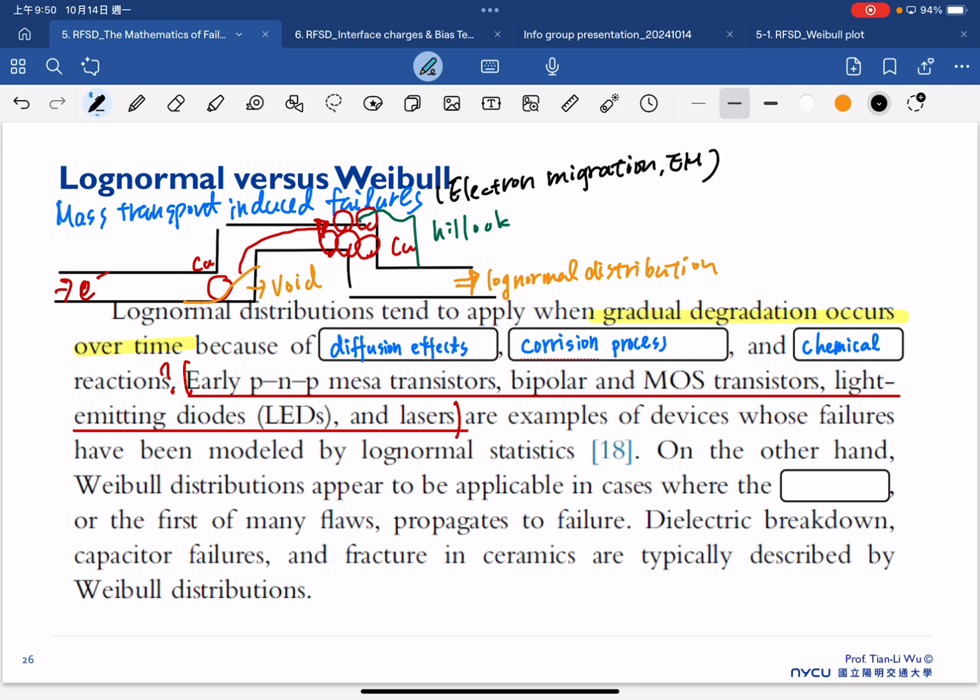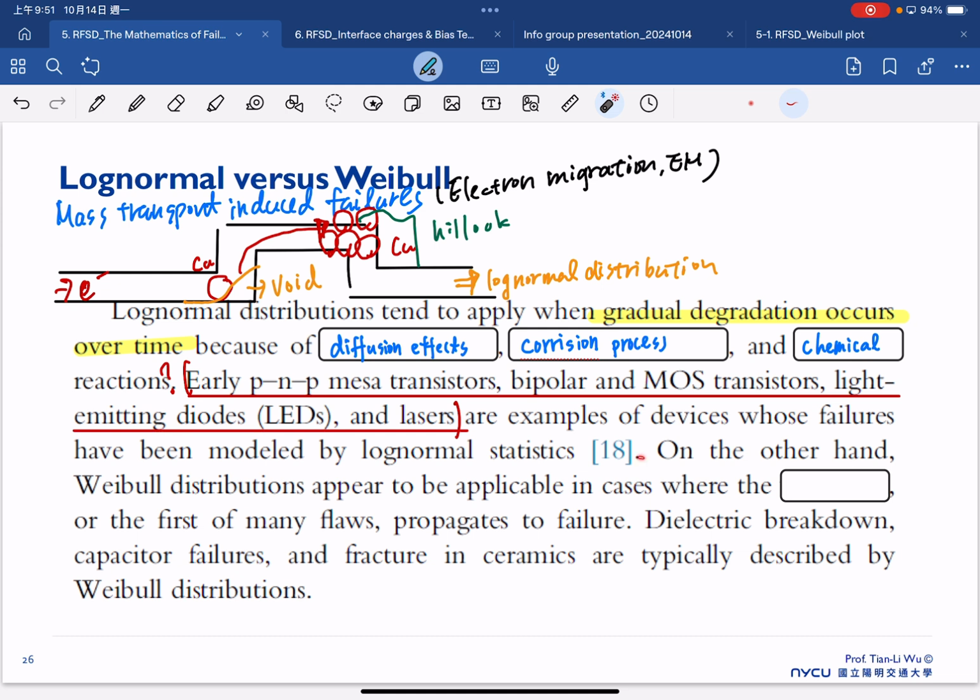This is the most well-known case where we can apply the log normal distribution, because inside this mass transport induced void, the main driving force leading to this mechanism is related to the diffusion effects here. This is something that we will also talk about more later on when we discuss the mass transport induced voids.